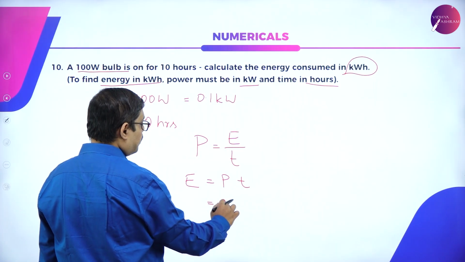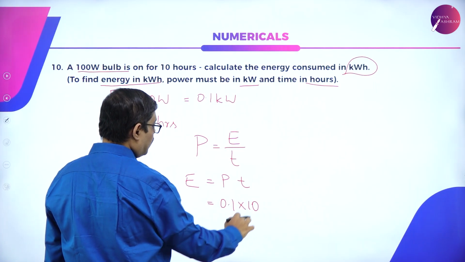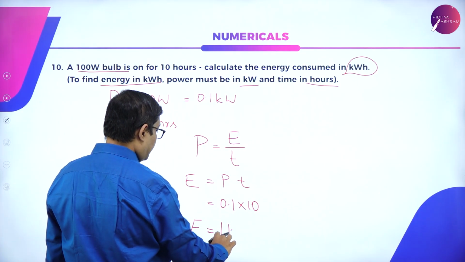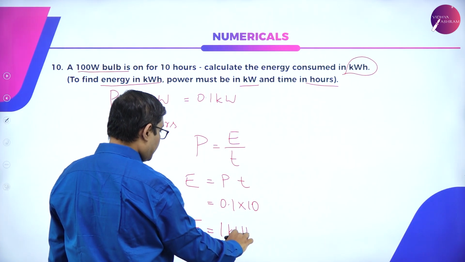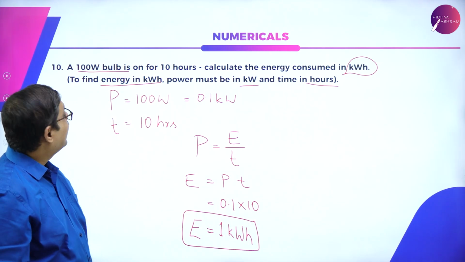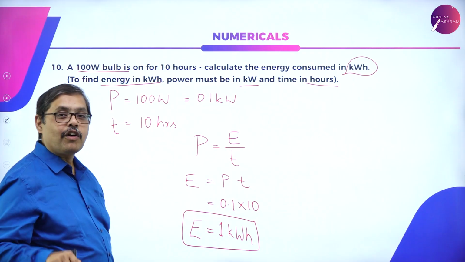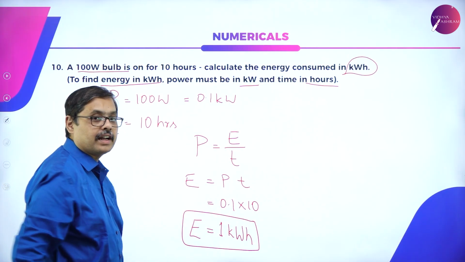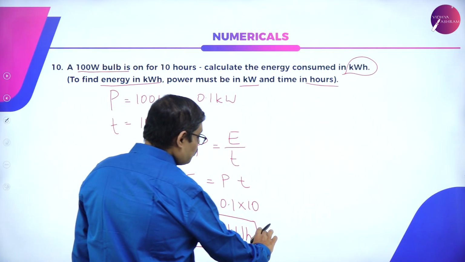This is nothing but 0.1 into 10. So the energy consumed is 1 kilowatt hour. If you switch on a 100-watt bulb for 10 hours, the energy consumed is 1 kilowatt hour, what we generally call as 1 unit.